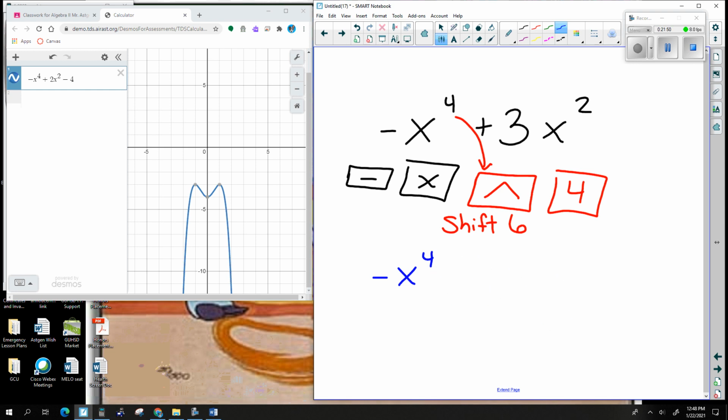So after I'm done entering my exponent, I literally hit the over arrow, just the over arrow. What that does is it gets me out of the exponent and then back to typing regular letters from there on out.